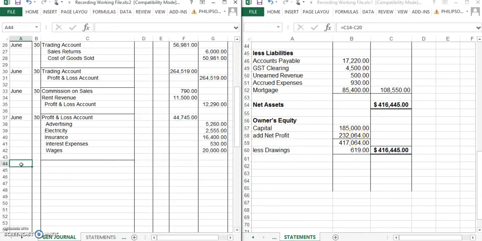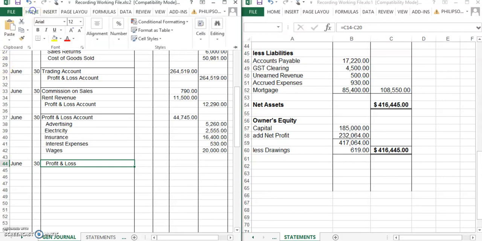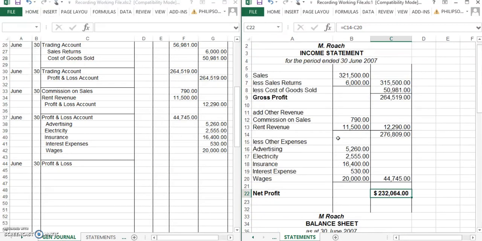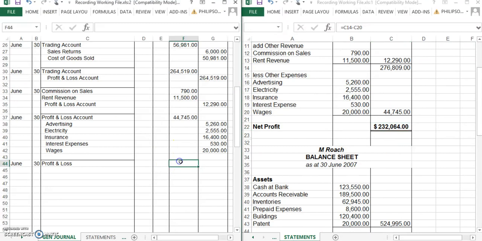So, June 30. We want to debit profit and loss, again with the formatting. 232.64.